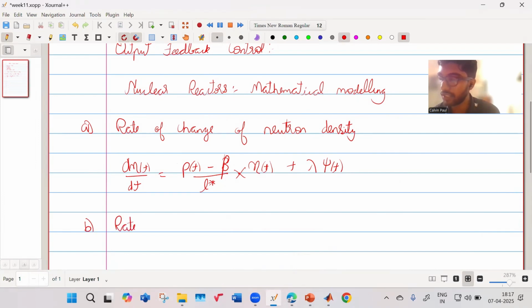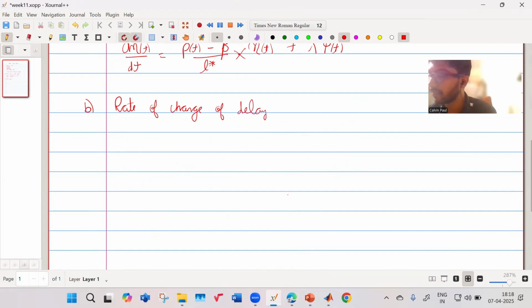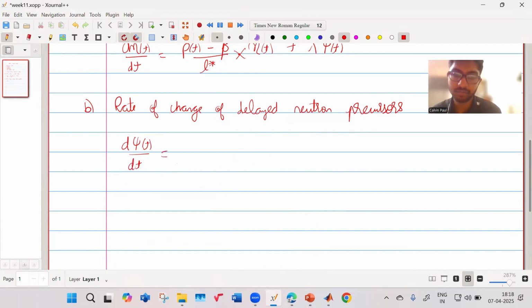The rate of change of delayed neutron precursors, given by d phi(t)/dt, is equal to beta over L star times n(t), minus lambda times phi(t). So this is equation 2, which we have got.